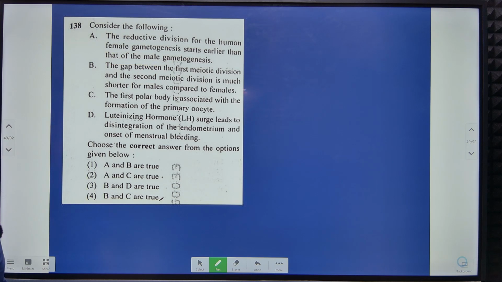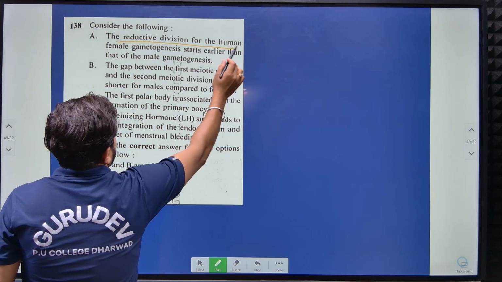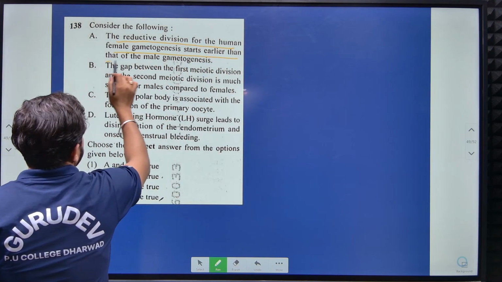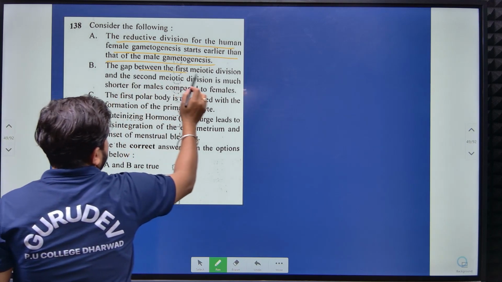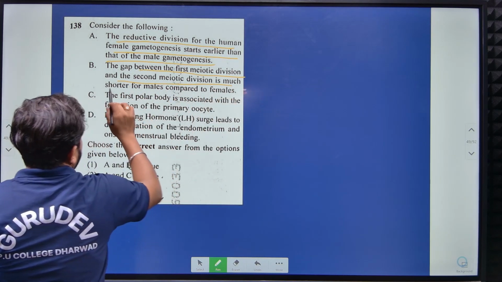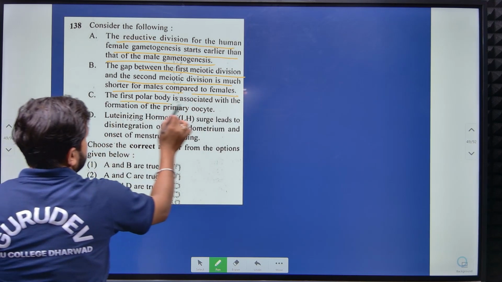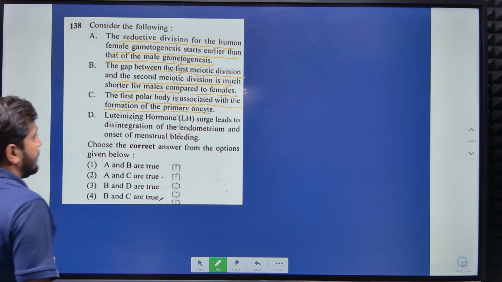Then consider the following. The reductive division for human female gametogenesis starts earlier than that of male gametogenesis. The gap between the first meiotic division and the second meiotic division is much shorter for the male compared to the female. The first polar body is associated with the formation of the primary oocyte.